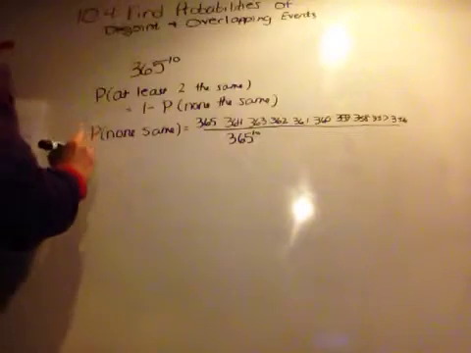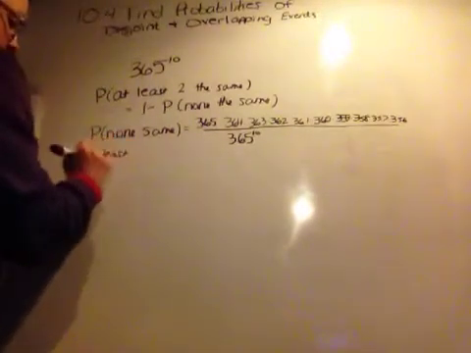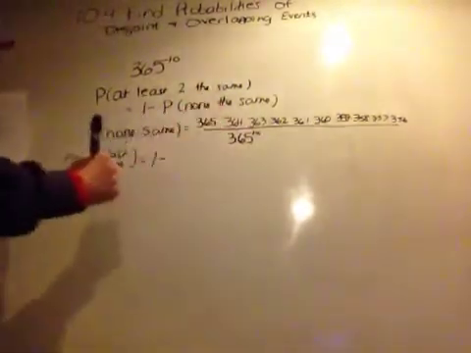So then to find the probability that at least two are the same, is going to be 1 minus this mess.